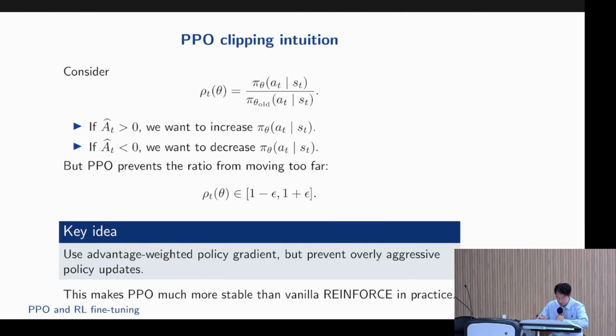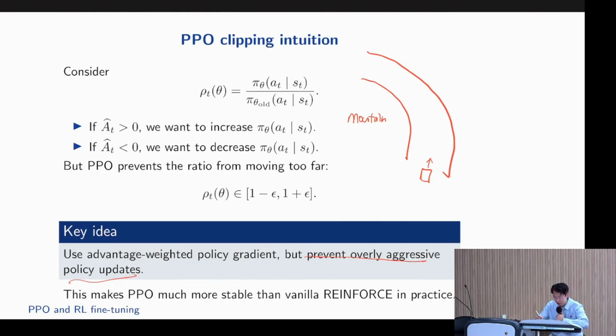So the idea is you want to prevent overly aggressive policy updates. For example, let's say we're driving up a mountain and the car is going straight.